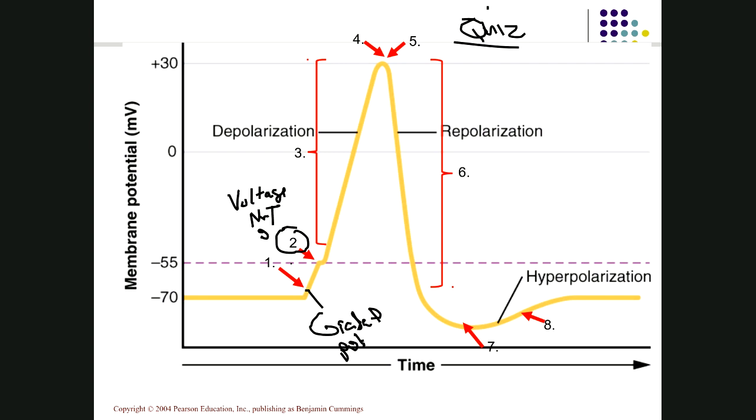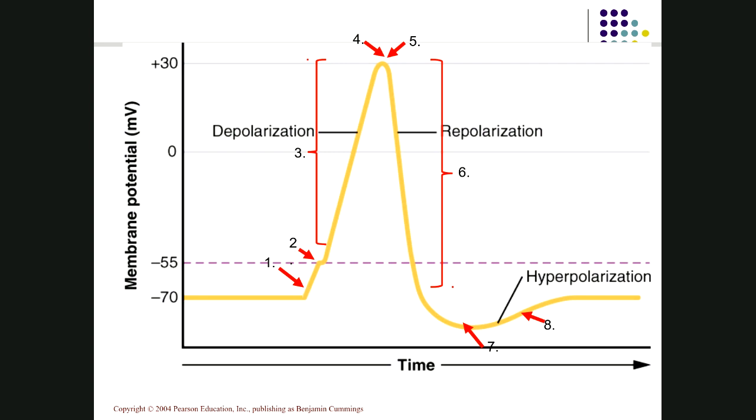If they don't reach threshold, if they're just this big, or this big, or this big, no matter how big they are, as long as they don't reach threshold, it's just going to come right back down to resting potential. But the second they reach threshold and the voltage-gated sodium channels open, that's when the action potential starts.